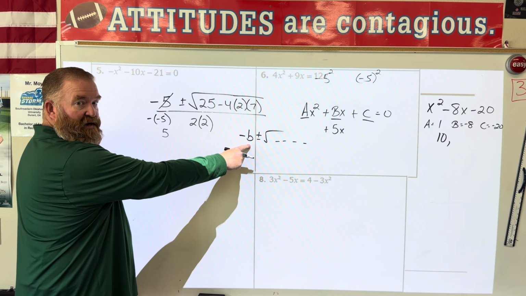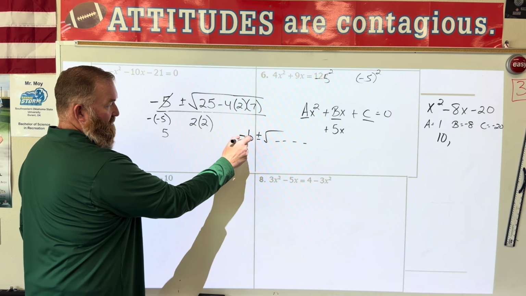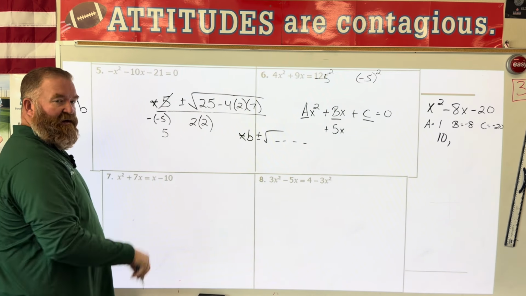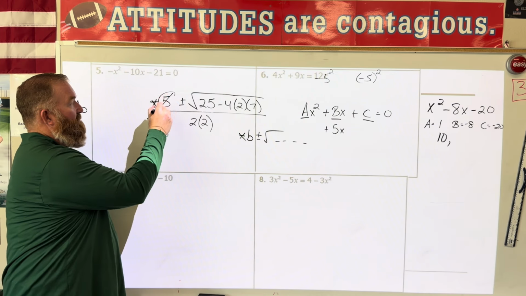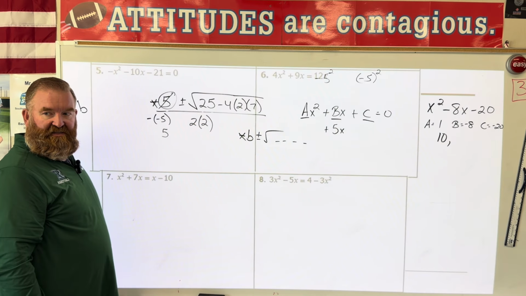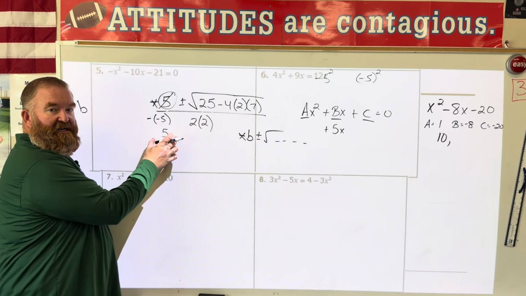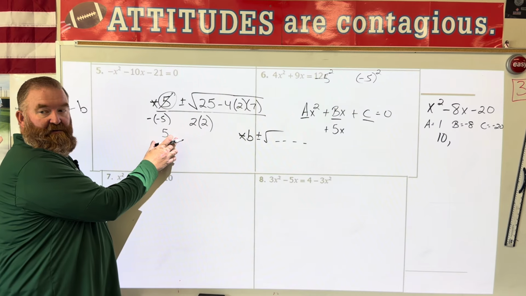We got negative b, right? What's the very first thing I see? Negative. So when I'm taking this, I'm going to get rid of one negative. So what's left? 5, positive 5. I'm going to get rid of one negative. Now, what if they just give me a positive number? What makes a positive?